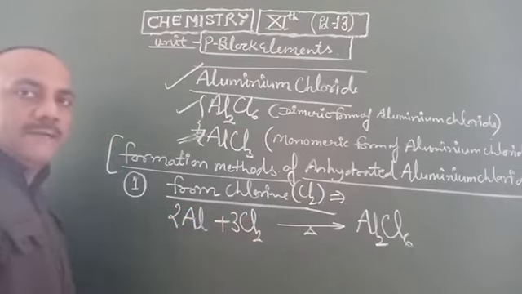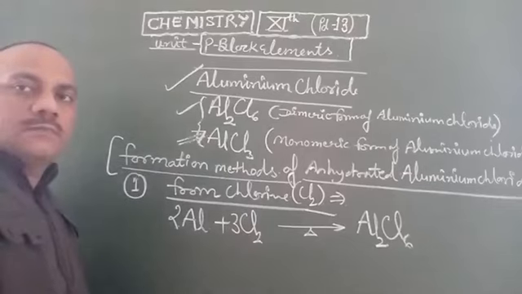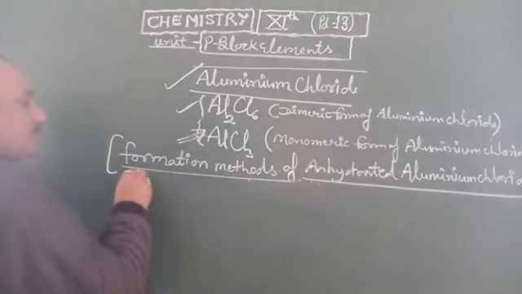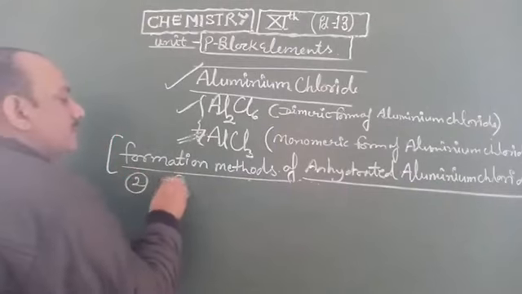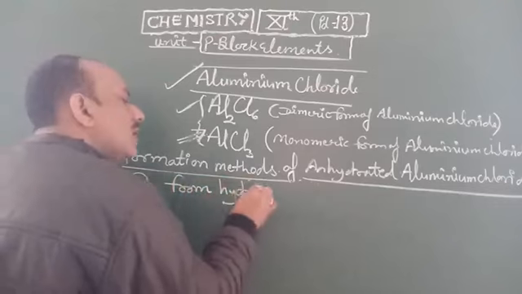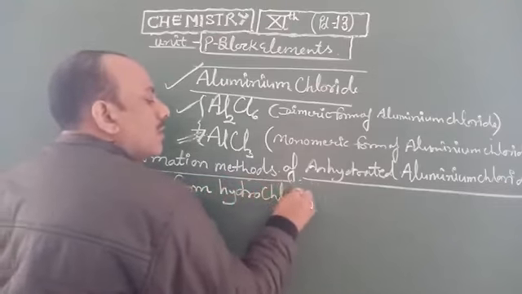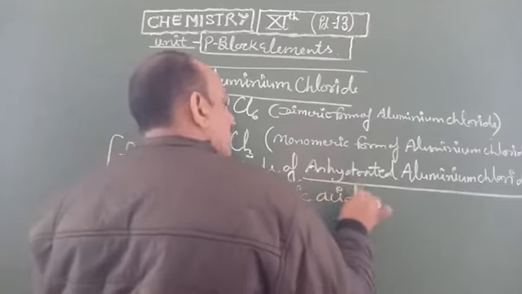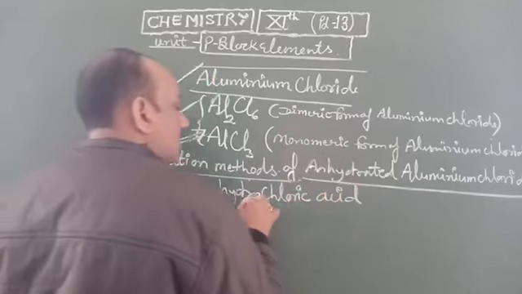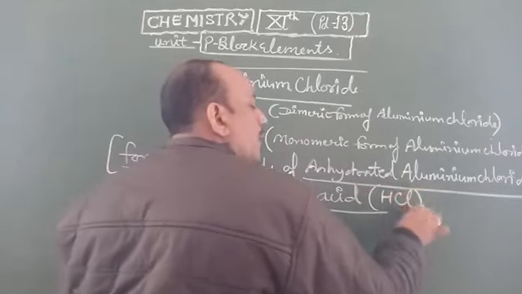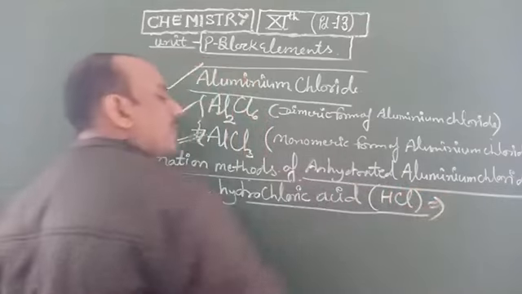Now the second method. It is also known as the acidic method, named from hydrochloric acid, and the molecular formula of hydrochloric acid is HCl.